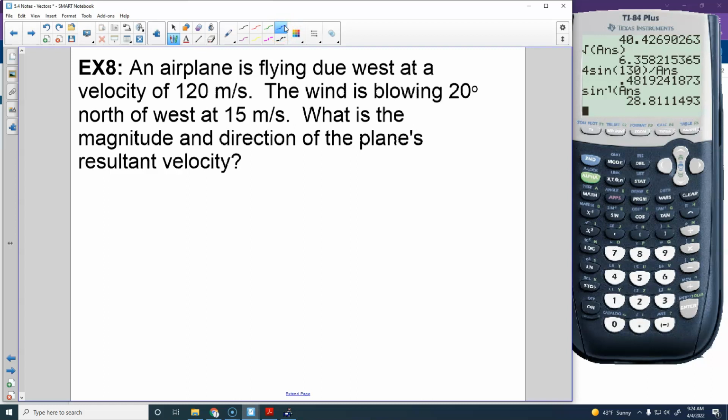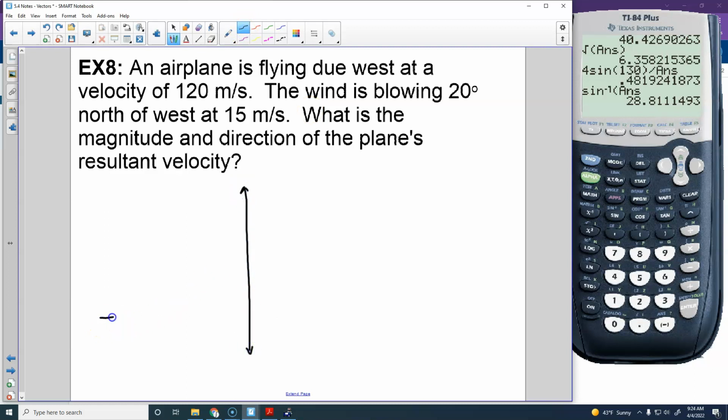So an airplane is flying due west at a velocity of 120 meters per second. So we got west and north of west, so I'm going to draw mostly the second quadrant here. So north, west. Let me try this again. It's too crooked.